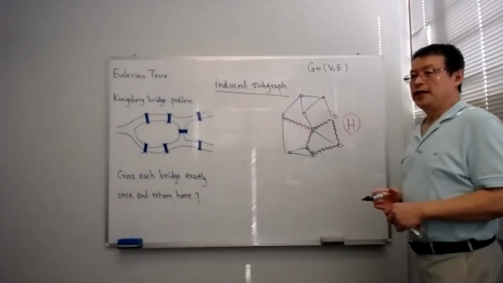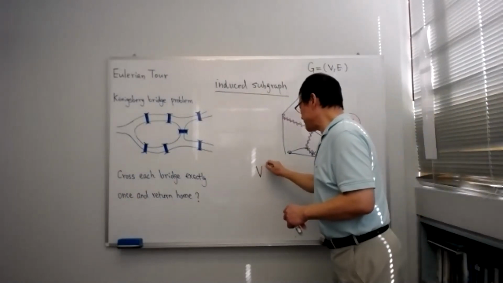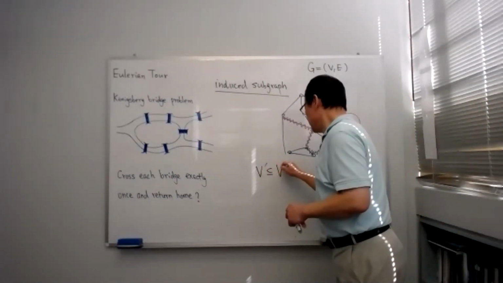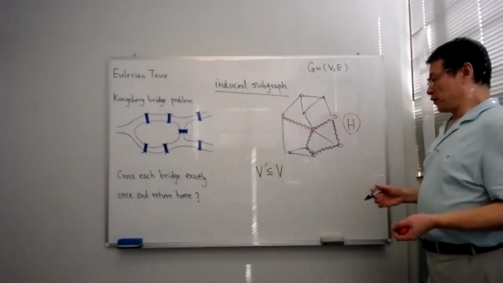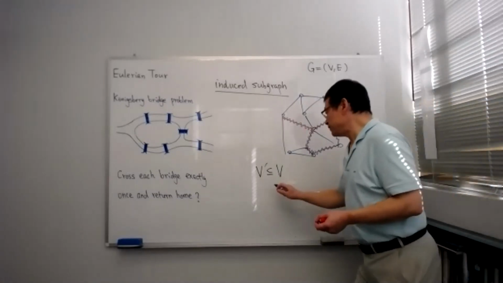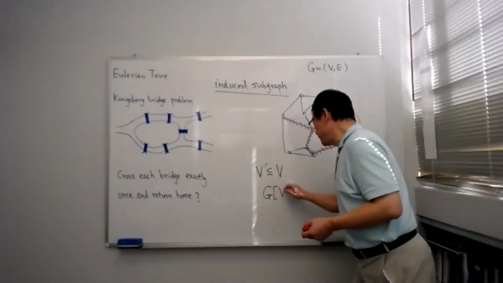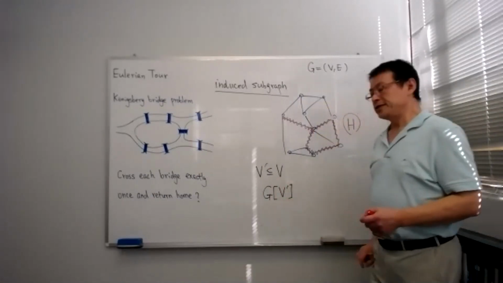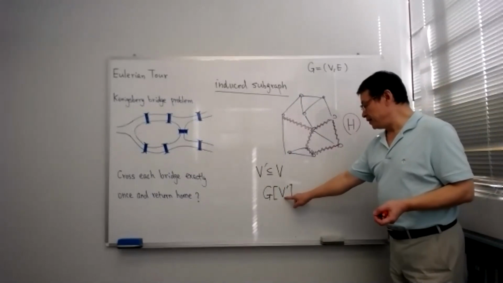Induced subgraph means, given a subset of vertices V prime, I form a graph called the induced subgraph, notationally denoted by G bracket V prime. So that's a subgraph induced by these vertices.